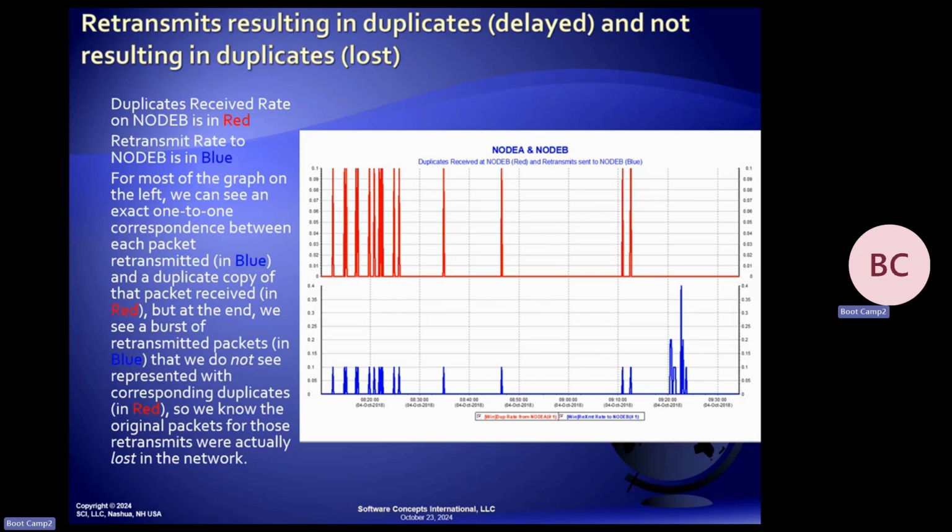Here we have a bunch of retransmits, and there's no corresponding duplicates received on the other side. That means those packets went into La La Land, and they never got to the other side. They were actually lost by the network. PE2 can't help in that case. You've got to go tell your network folks, you're actually dropping some of my packets. You're not supposed to do that.